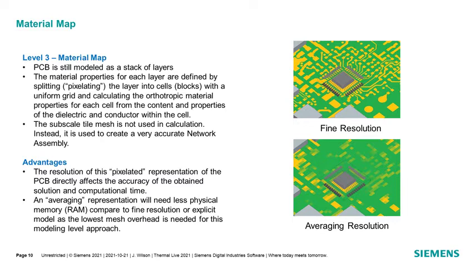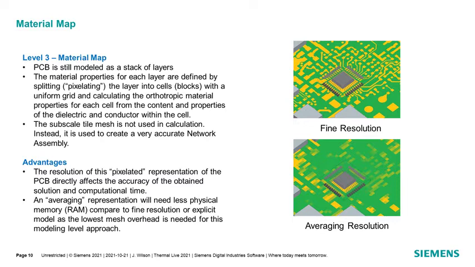The first is what we call fine resolution, where you're capturing the copper with a minimum of 2 nodes of that network assembly across the smallest trace. So you're very accurately representing the material properties in that printed circuit board, and there are really no material approximations.